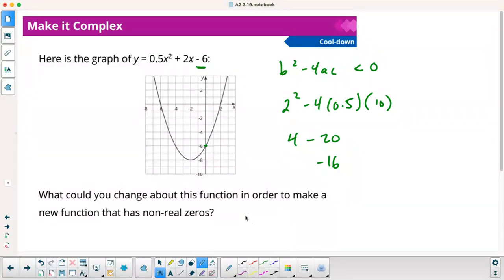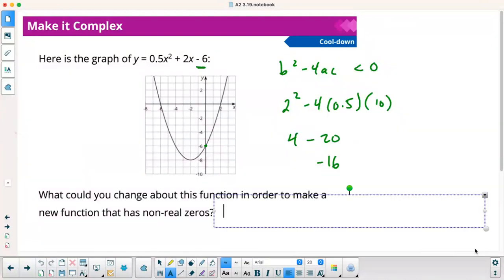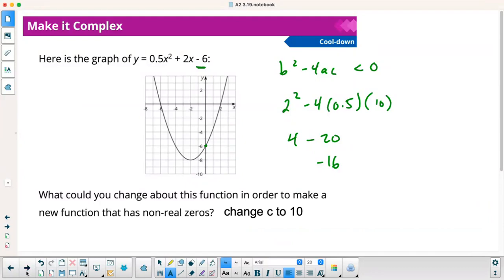And there's many different right answers here. But what I'm going to do here is I'm going to say change c to 10, or if you want to say change the negative 6 to 10, that'd be good.